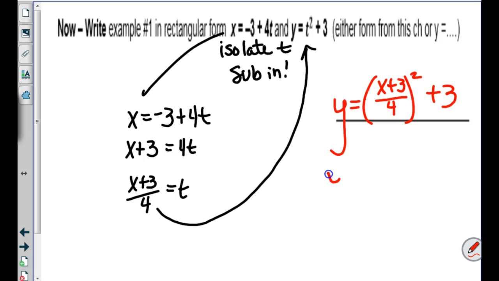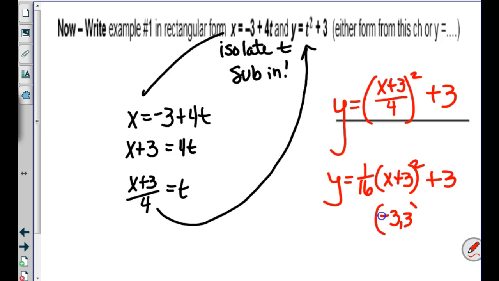Now, it would be okay with me if you left it like that. I'm going to leave the top x plus 3 quantity squared. But if you squared the 4 in the denominator, it would be a 16, but because it's in the denominator, it would be 1/16. I only rewrite this because now you can tell the vertex is at -3, 3, and it's a parabola that's opening up.